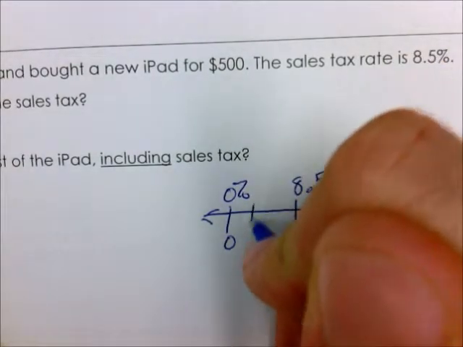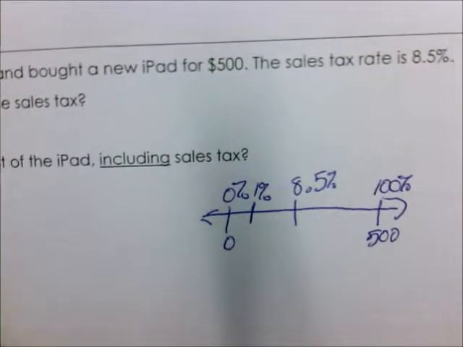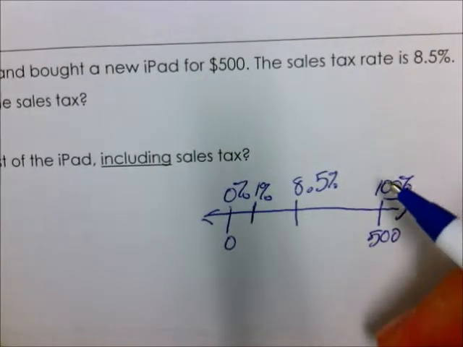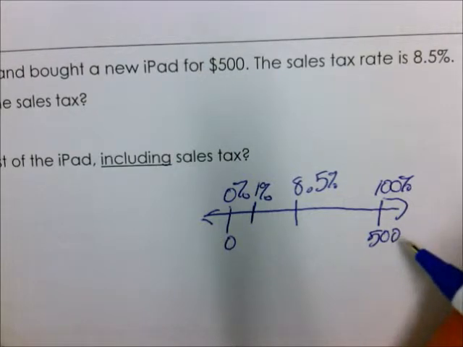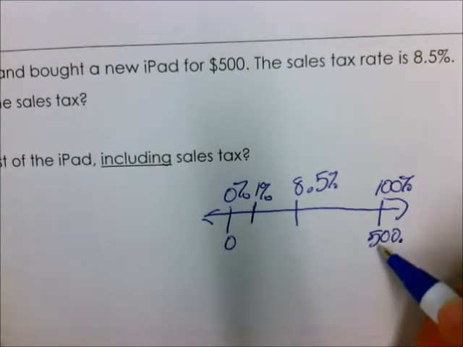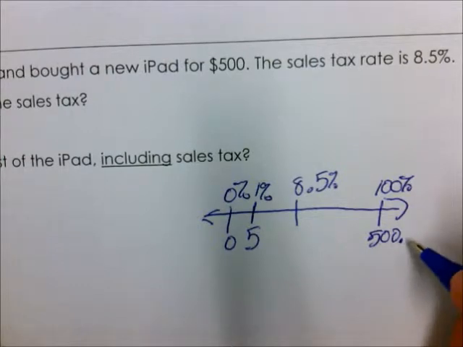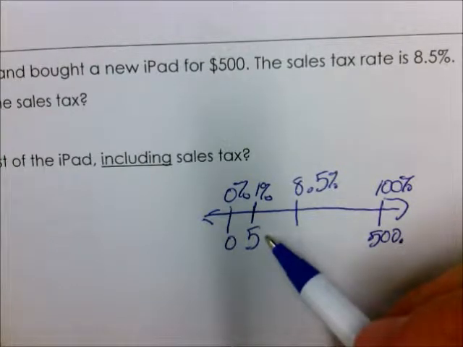So in that lesson, we talked about going to 1%. Well, 1% of 500 means I move the decimal point, which is right here. I move it twice to the left, 1, 2, and I end up getting 5. So 1% of 500 is 5.